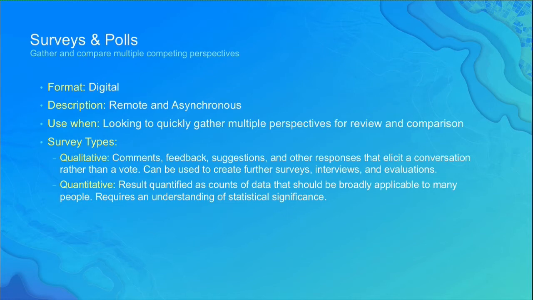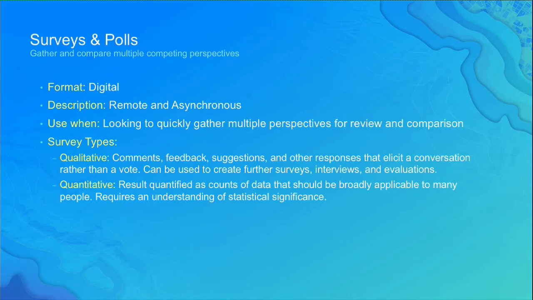There's a couple different types, qualitative versus quantitative. Qualitative surveys are about comments and feedback and suggestions. This is largely the essay type, long response or short response answer, where you're going to have to sift through these responses to pull out that meaning. Quantitative are a little bit easier, right? They're the yeses or nos. They're the things that the participant can march through without having to actually write, to select an answer.